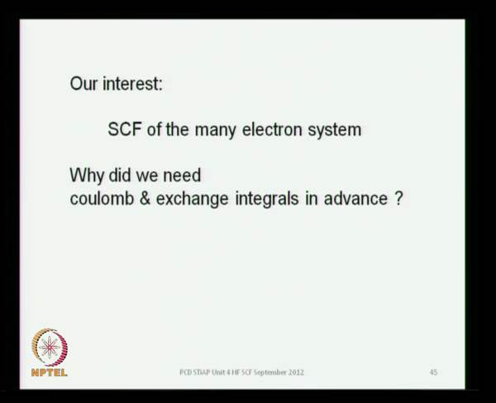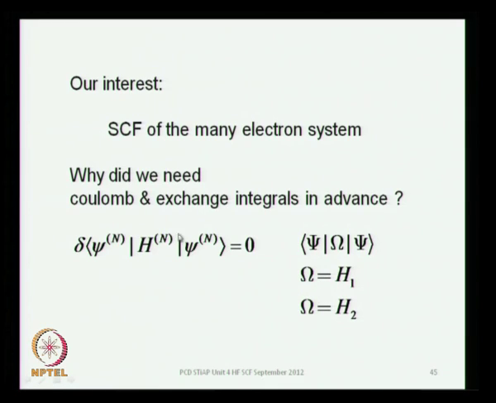So, the main reason to spend some time on just the 2 electron system and develop these expressions for the Coulomb and the exchange integrals is because our objective in the self consistent field method is to find the variation in the expectation value of the n electron Hamiltonian in the n electron wave function, vary it and seek an extremum.